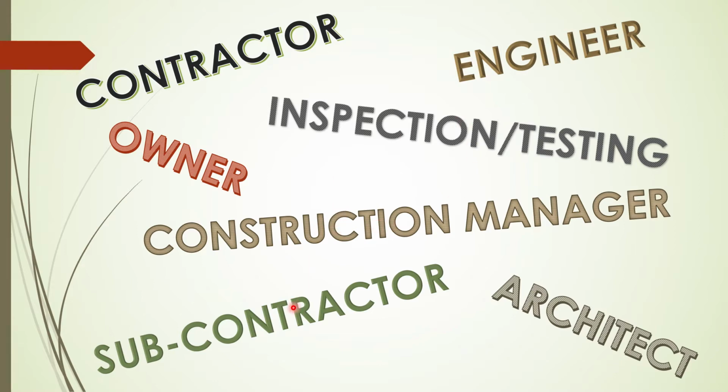We have the subcontractor working underneath the contractor, and then we have the inspection testing. So you kind of fit in this role. So these are all the team players. So you got the owner, architect, engineer, contractor, construction manager, and subcontractor.